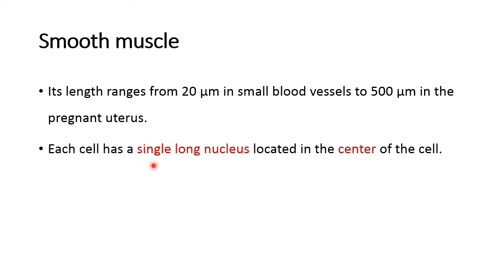Each cell has a single long nucleus located in the center of the cell. This is also a characteristic feature of smooth muscle.